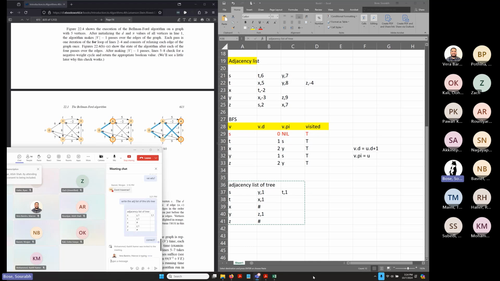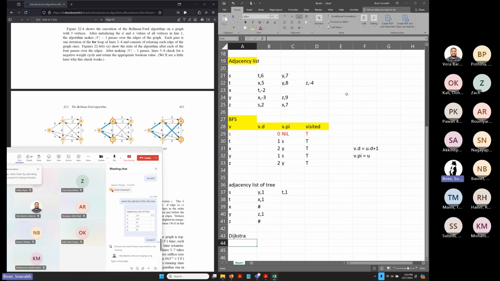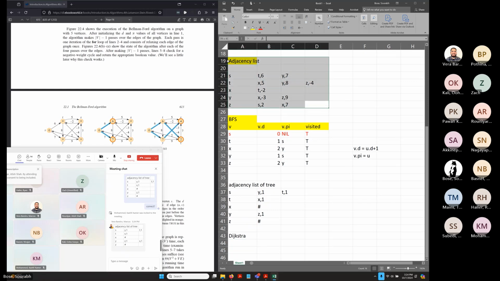While you do that, let me set up Dijkstra. So Dijkstra will also maintain a value array. It will be from this adjacency list. Let me copy this.